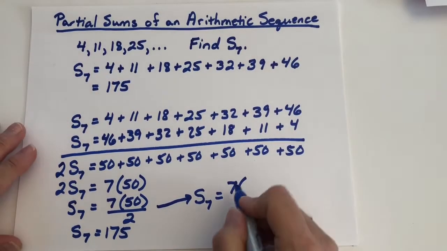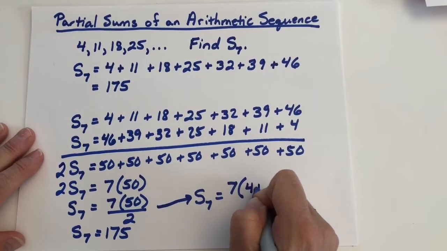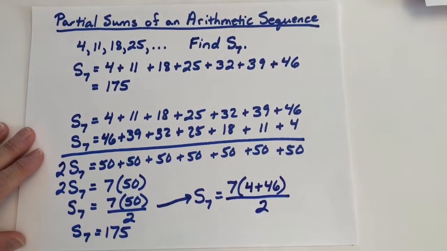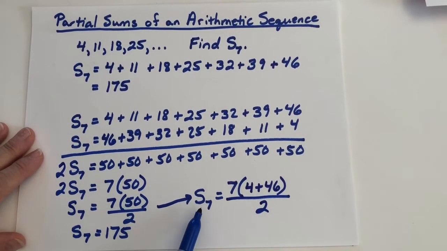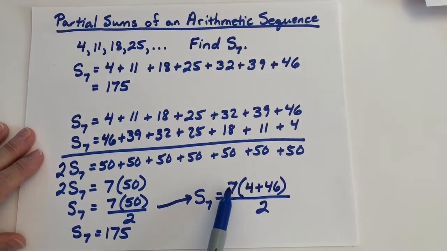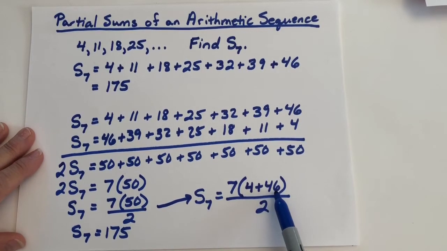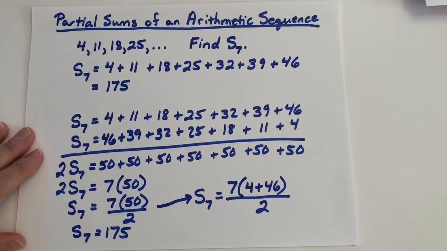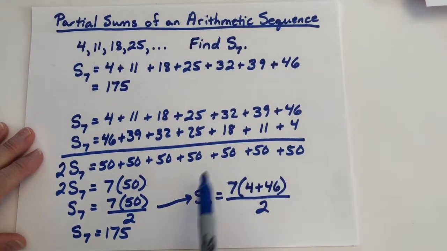We have 4 plus 46 divided by 2. So let's look at this. To find the sum of the first 7 terms of this sequence, we have 7 times the sum of the first term and the seventh term, and then we divide it by 2. And we're going to see something similar when we do this in general.